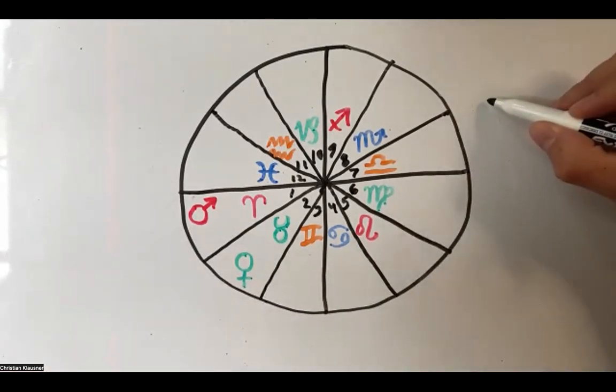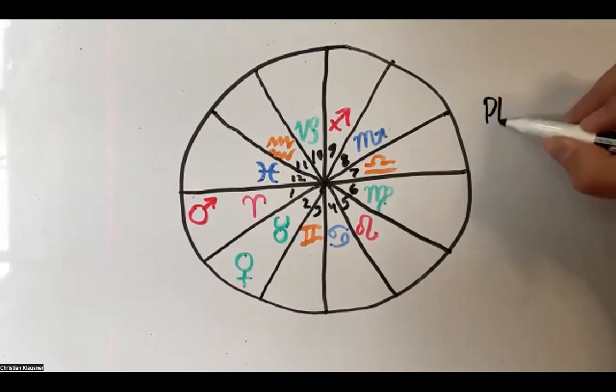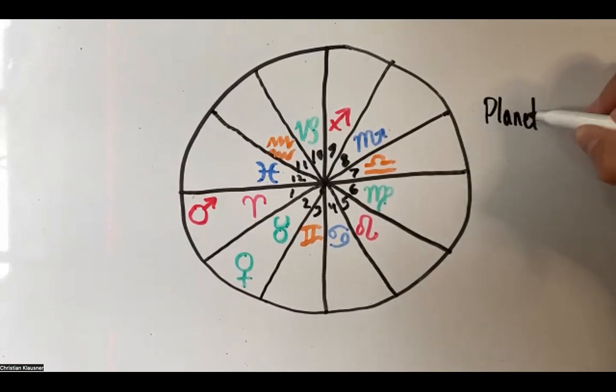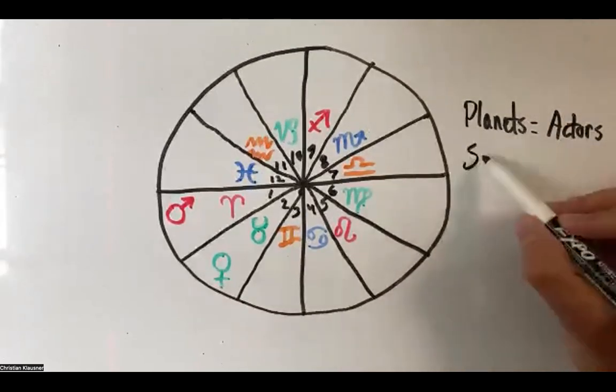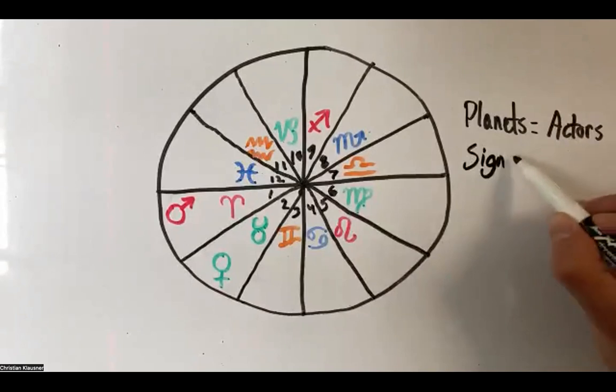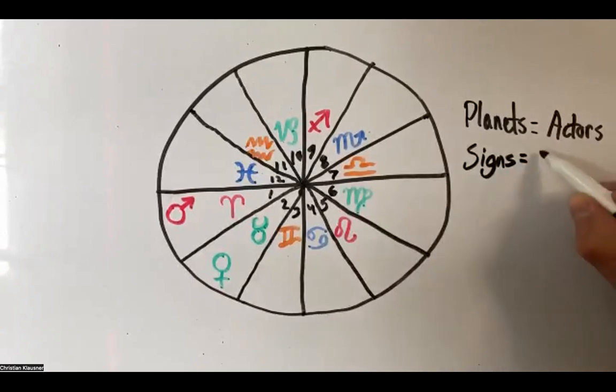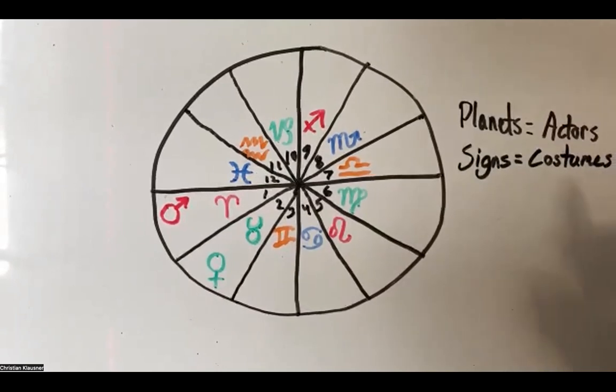So the planets, okay, here's a powerful analogy for you. The planets are the actors in the cosmic drama. They're the actors. The signs are the costumes or the role that they're playing.